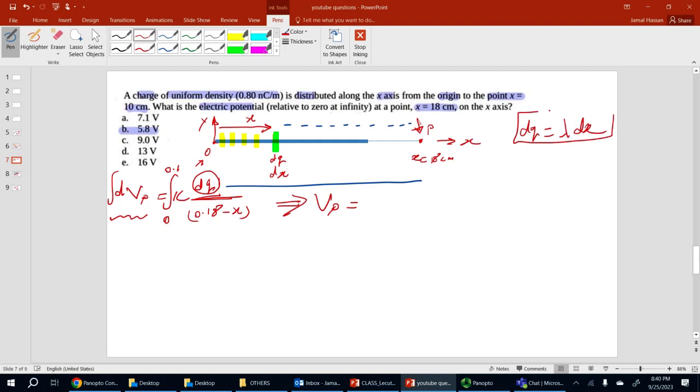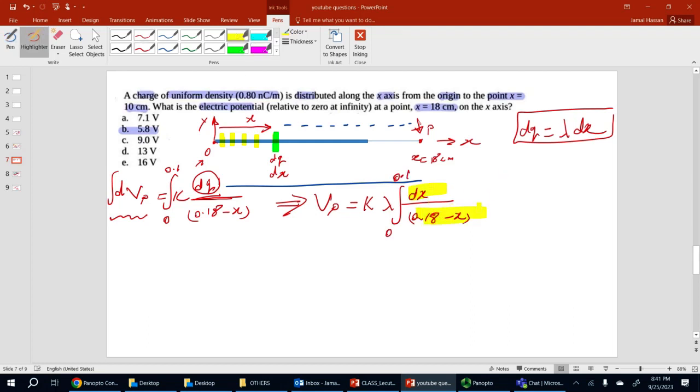So I can substitute lambda dx instead of dq, which means that k is a constant, I can take it out of the integral. Lambda is a constant, so I basically have dx divided by 0.18 minus x, integral from 0 to 0.1. Okay, this is not difficult, right?